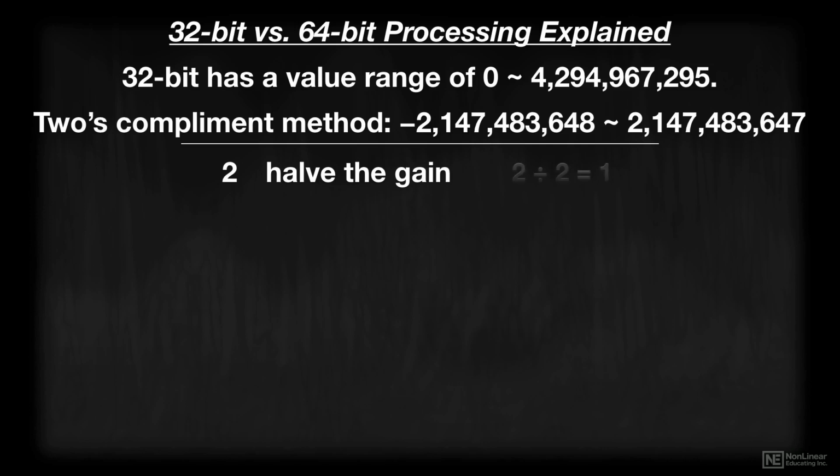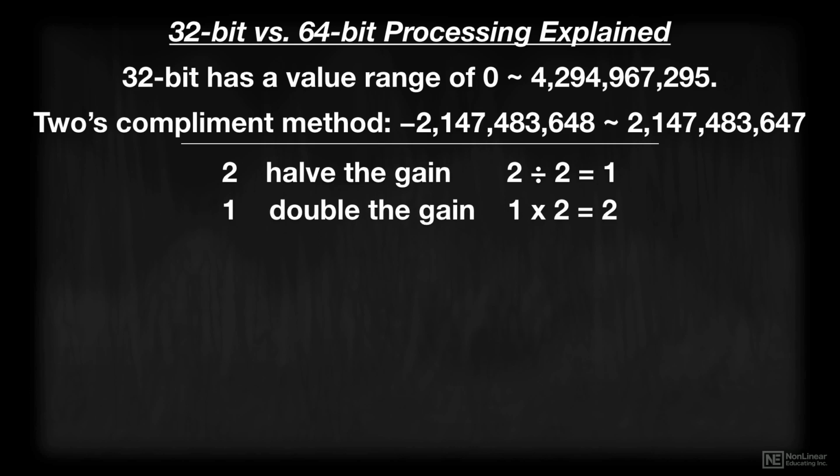In other words, we're going to take the number and divide it by 2 to get a value of 1. Then let's take that value and double the gain. So mathematically, we're going to multiply the value by 2, and we end up with 2. And 2 does equal 2. So we took the original value, cut it in half, then multiplied that value by 2, and we get the same number we started with.